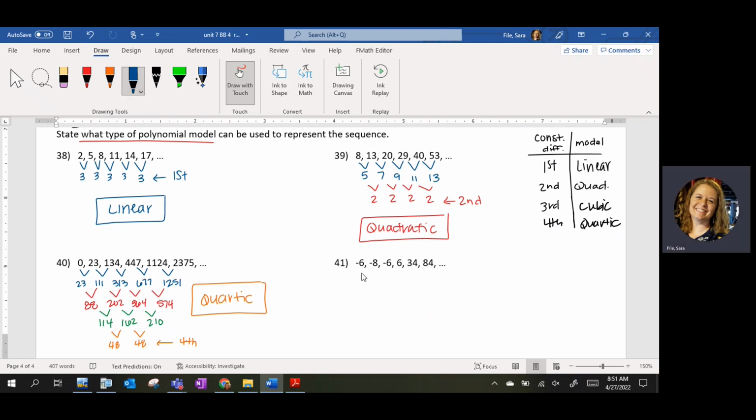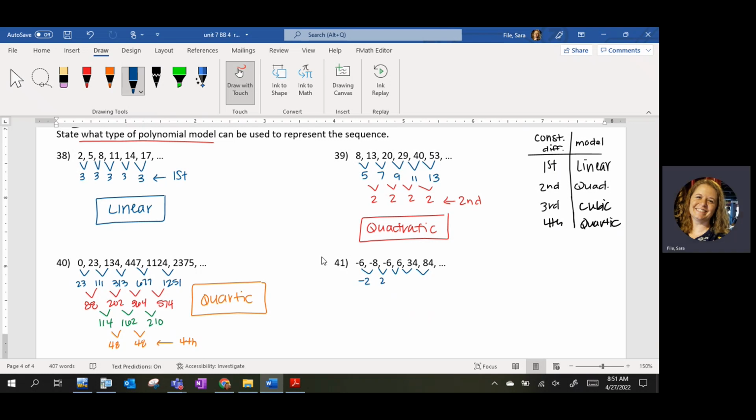All right, last but not least. All right. So sometimes with the negatives, it's a little harder to tell. So you can just use the -8 minus -6, that's -2. Okay, and then -6 minus -8 is +2.